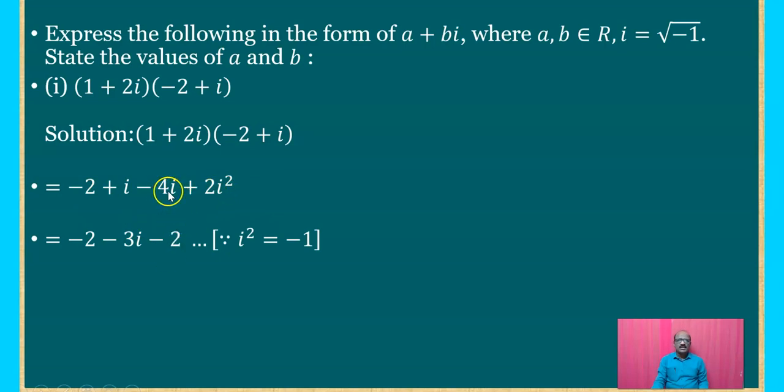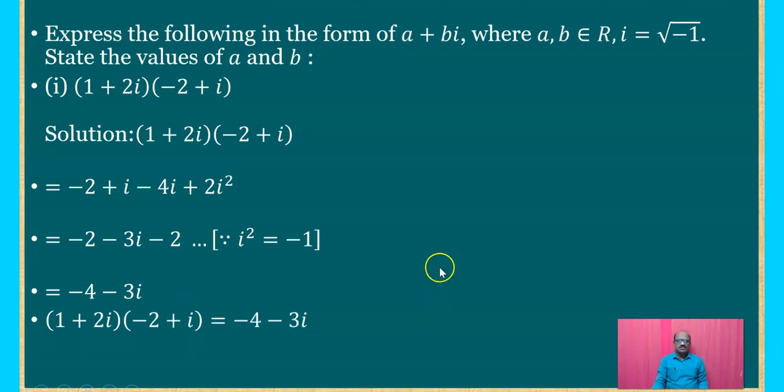Next is minus 4i plus i, that is minus 3i. Minus 2, minus 3i, minus 2, and overall you will get minus 4 minus 3i. And there ends the answer.